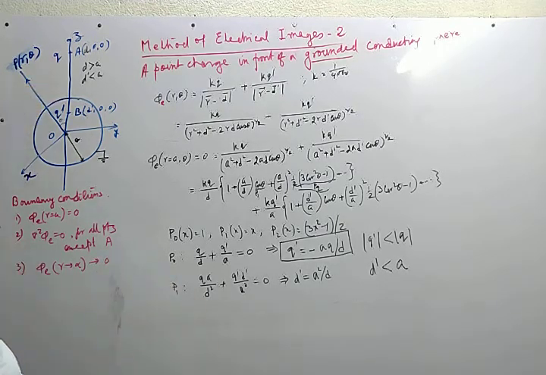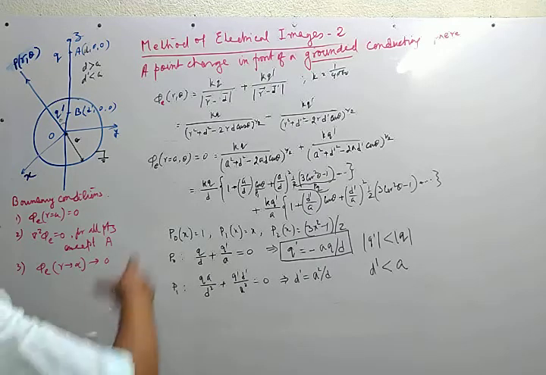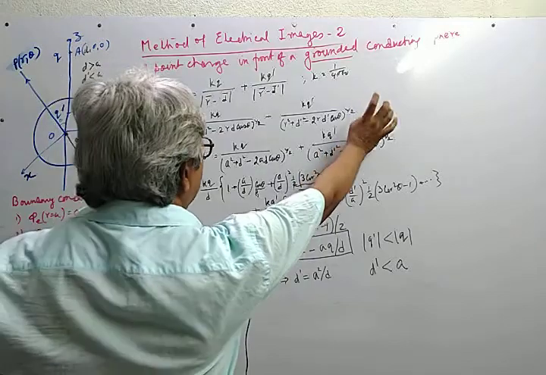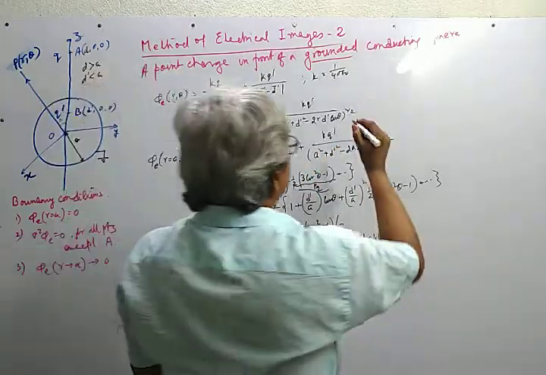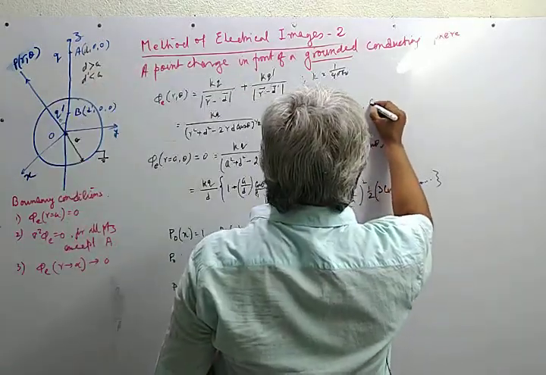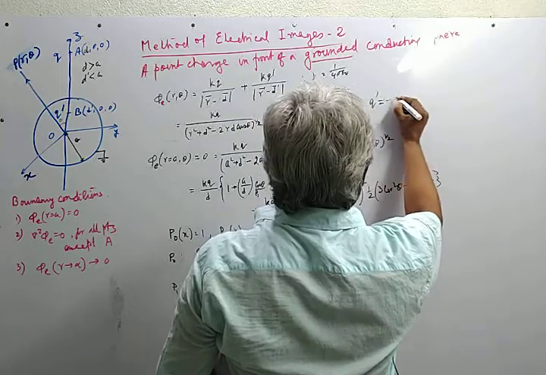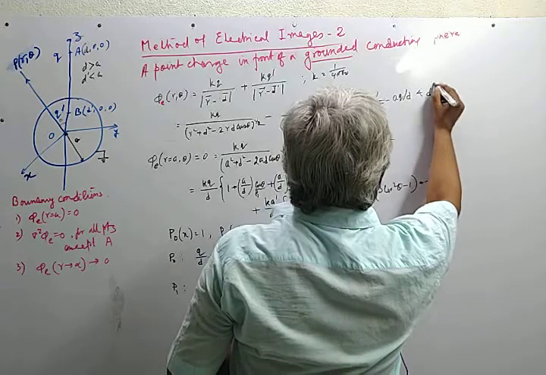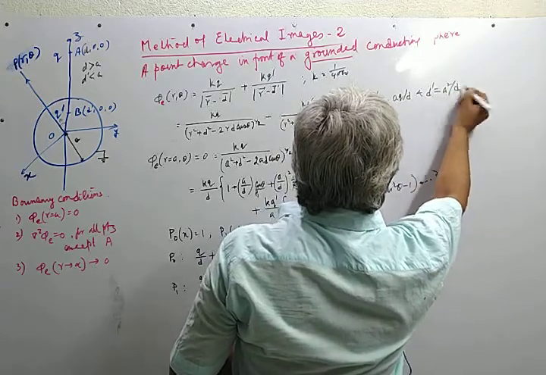So we can now say that this is the value of the potential at any point with Q prime is equal to minus AQ by D and D prime is equal to A square by D.